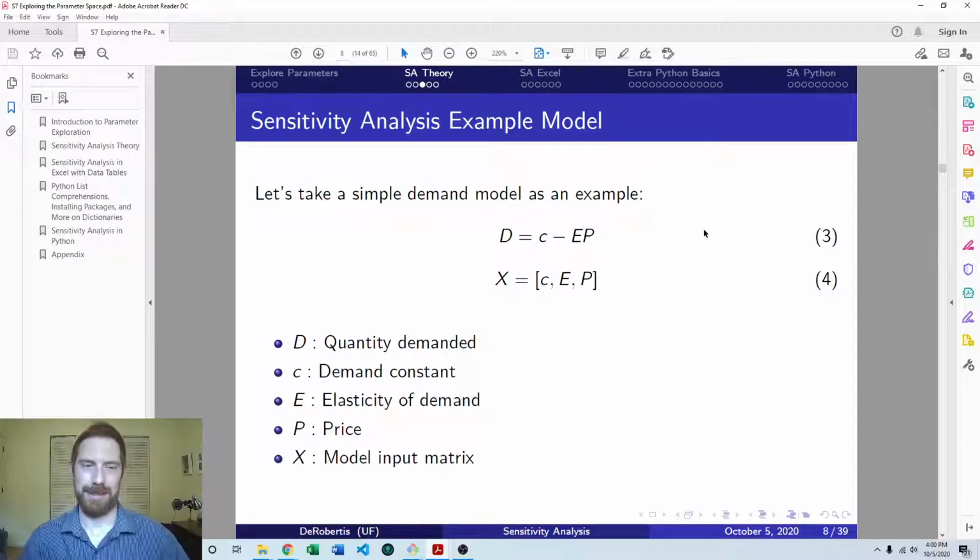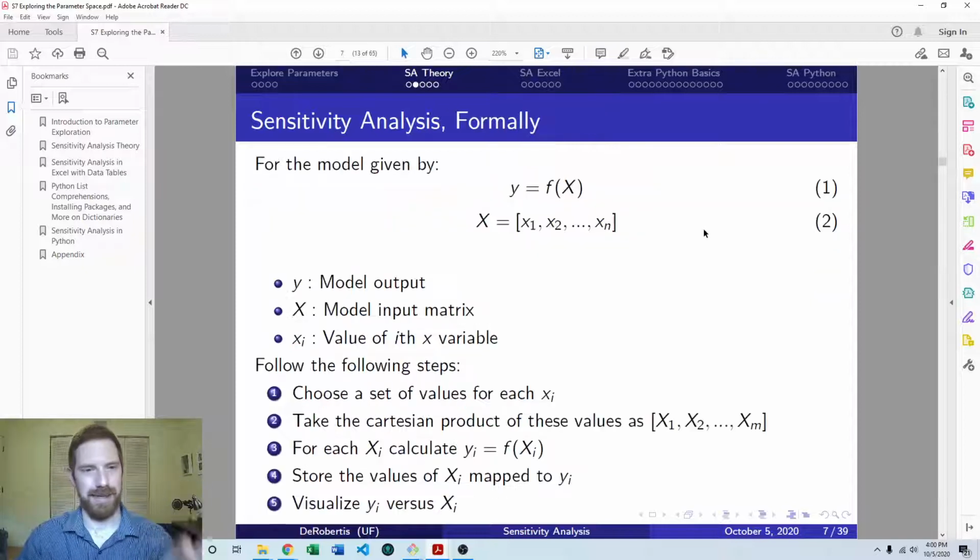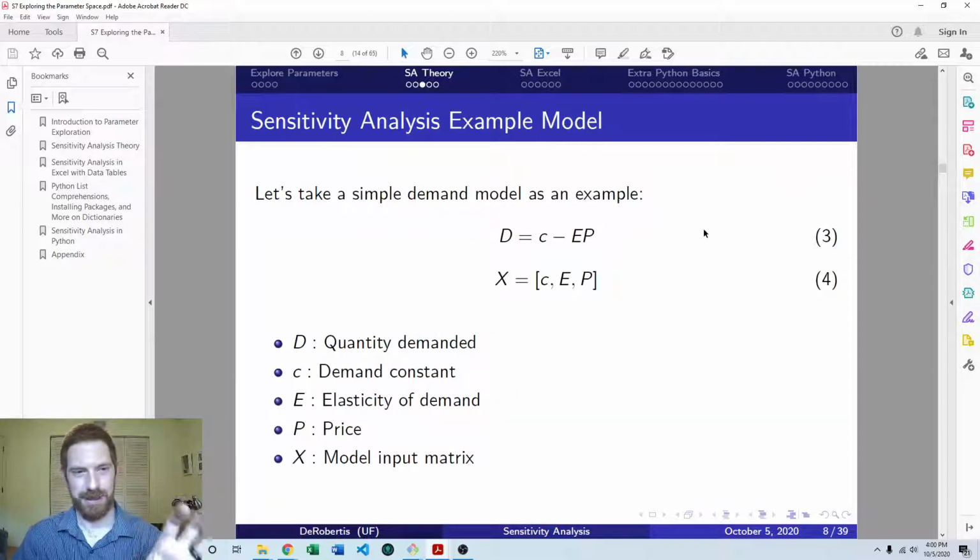That's a standard demand equation. On this slide, x's are our inputs. Here x is going to be the demand constant, the elasticity of demand, and the price. Those are our 3 inputs into the demand model, and the output, of course, is the demand itself.